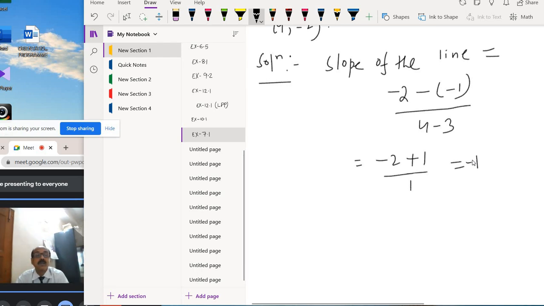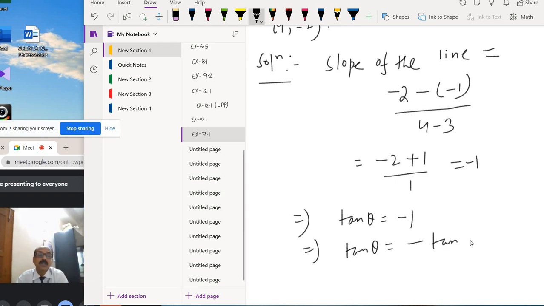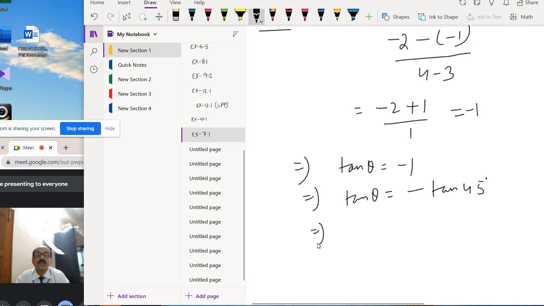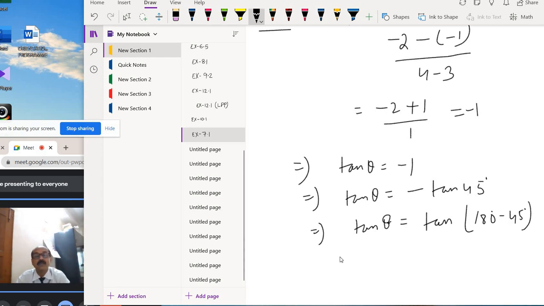We know slope means tan theta. So tan theta equals minus 1. Since 1 means 45, and in the second quadrant tan is negative, tan theta equals tan of 180 minus 45, which is tan 135.